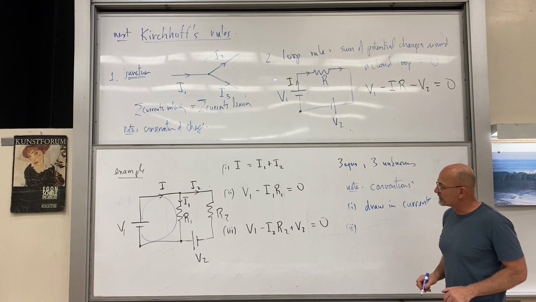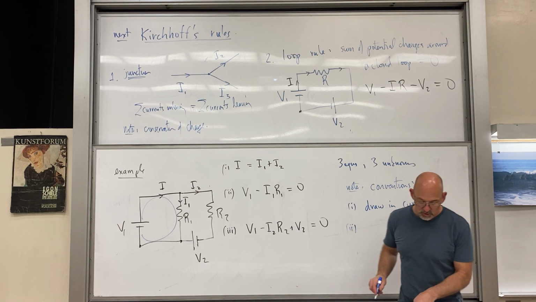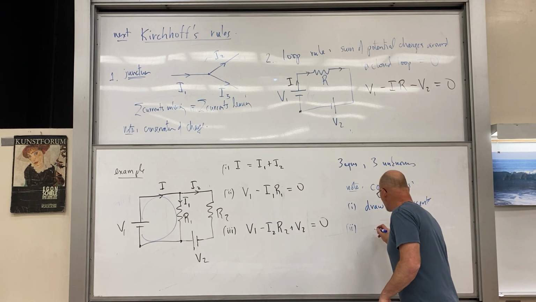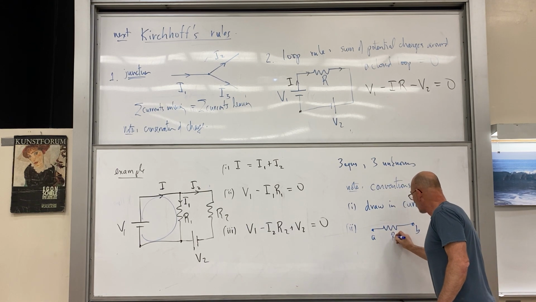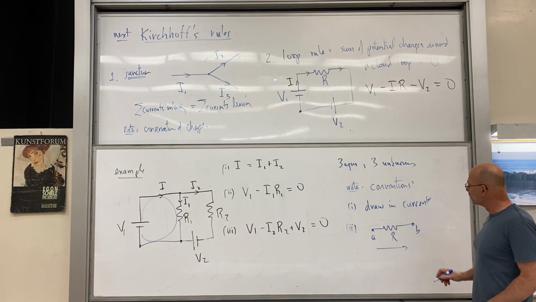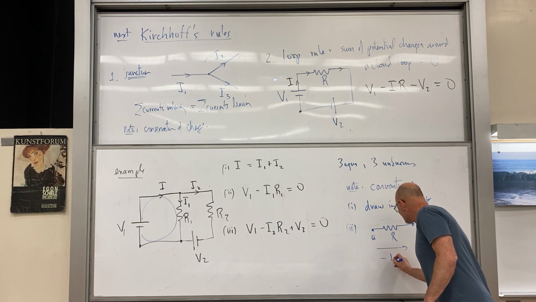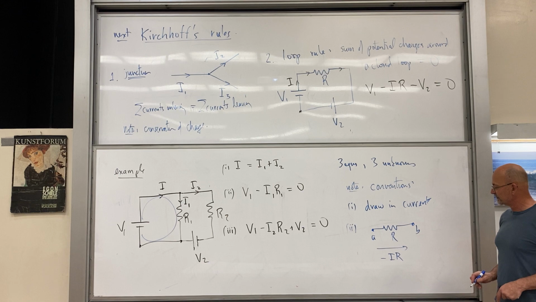So you draw in the currents, and then since you have those directions, if you have A to B and R here, if you're crossing the loop in this direction, then you have negative IR for your voltage drop.